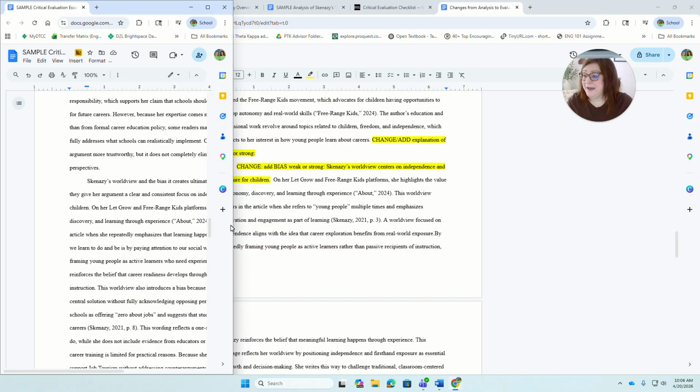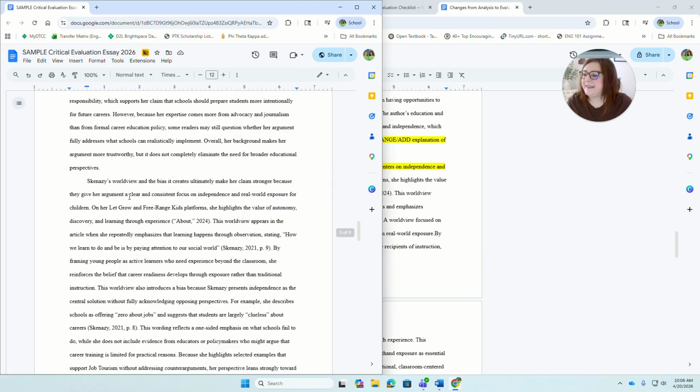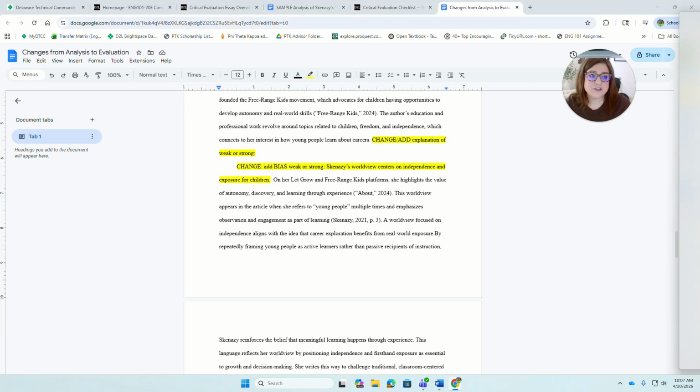Oops, that was a lot. It's going to be like this. Skenazy's worldview and the bias it creates ultimately make her claim stronger because they give her argument a clear and consistent focus. Okay? So I've added in bias and I've added in weak or strong. Okay, so that's what it's going to look like.